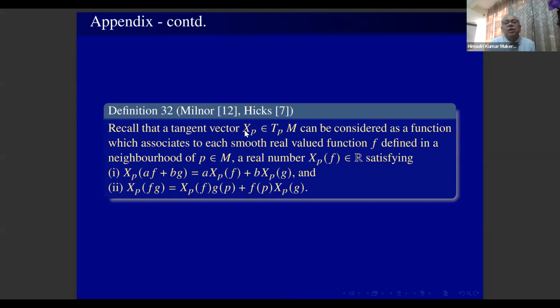So it can be thought of as an operator operating on smooth functions on open neighborhoods of p. So X_p of f is in R. And this has the following properties: linearity, that is X_p(af + bg) = a X_p(f) + b X_p(g), and X_p(fg) = X_p(f) g(p) + f(p) X_p(g), the Leibniz rule, the product rule. So tangent vectors can be treated as operators with these properties.